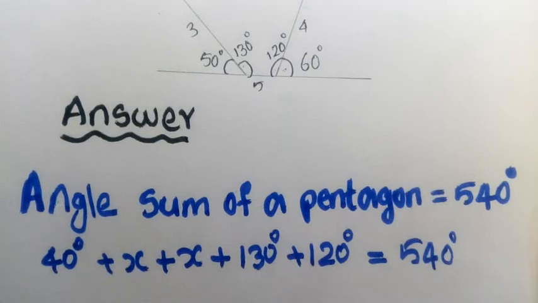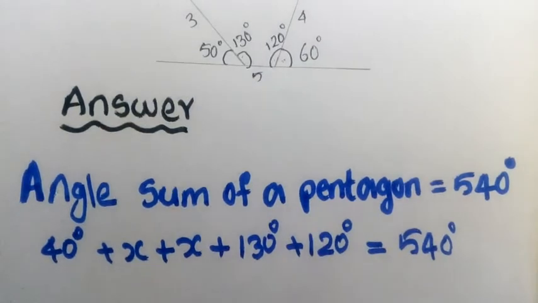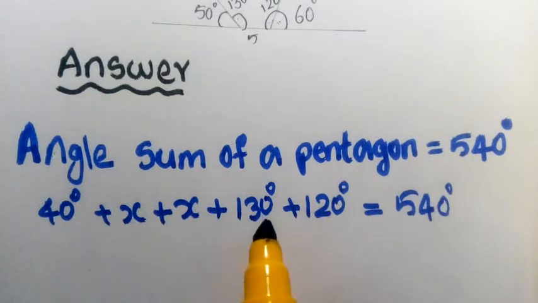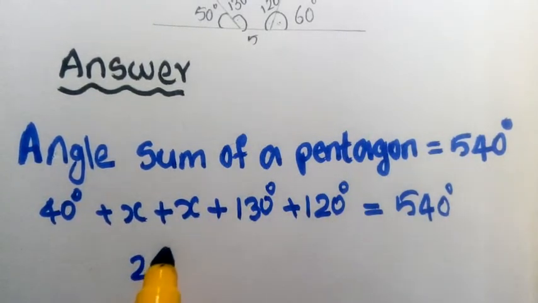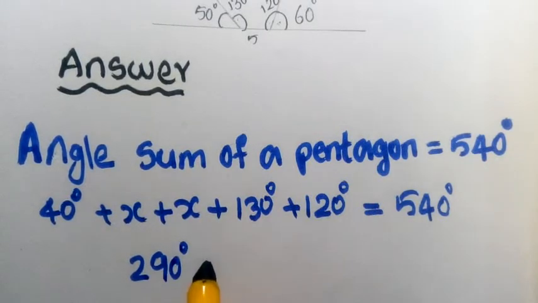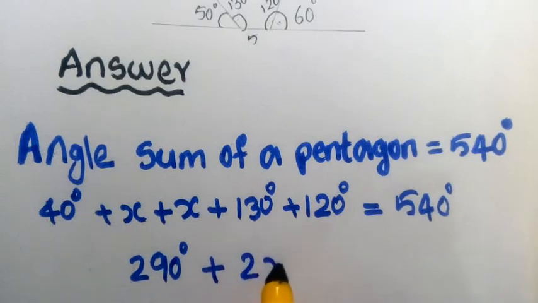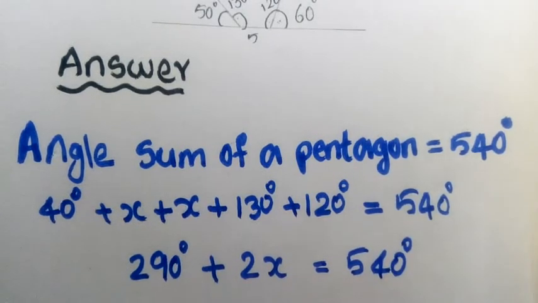In the next step, let us add like terms. 40 degree plus 130 degree plus 120 degree is 290 degree, plus x plus x is 2x, is equal to 540 degree.